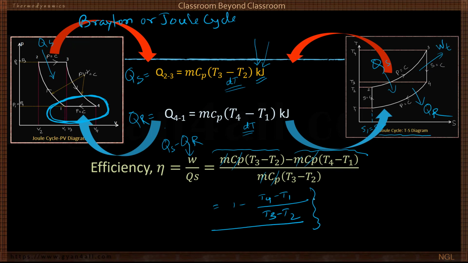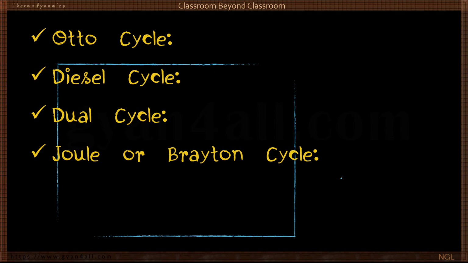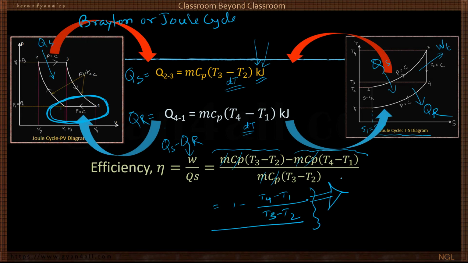And if we simplify this, then we will get, in terms of pressure ratio, not temperature ratio, sorry, ultimately efficiency is equal to 1 minus 1 by Rp to the power (gamma minus 1) by gamma. Now what is Rp? Rp is equal to pressure ratio.